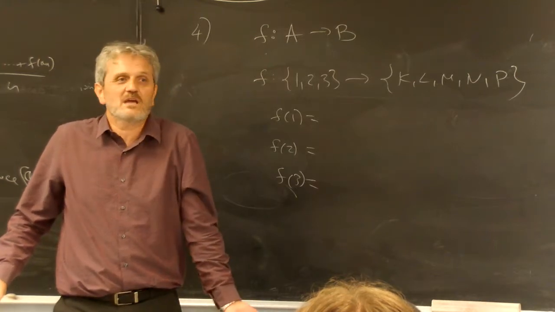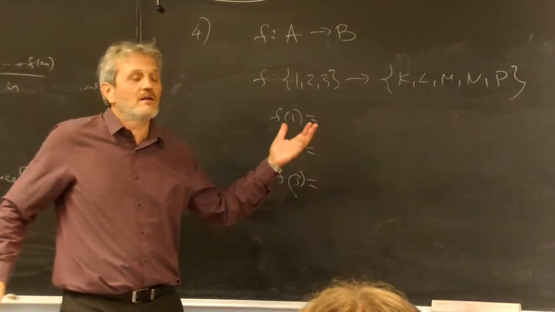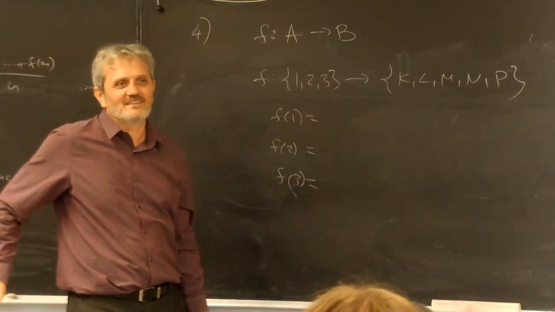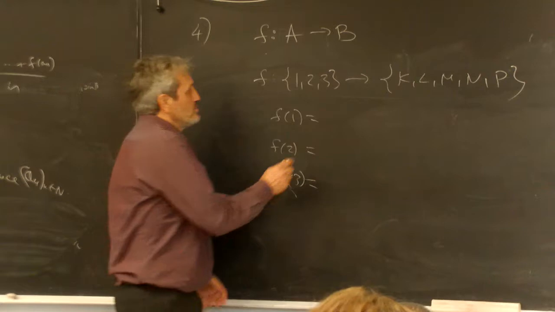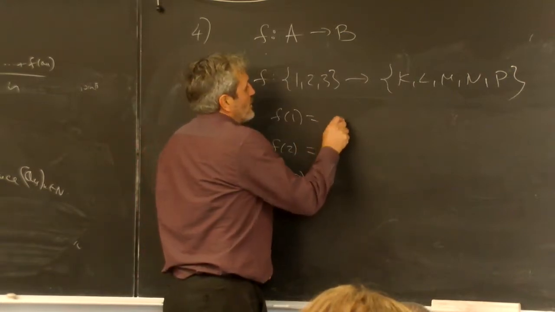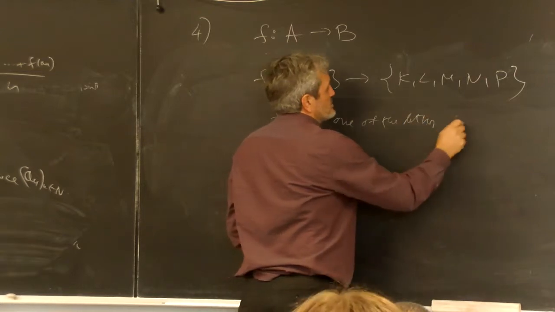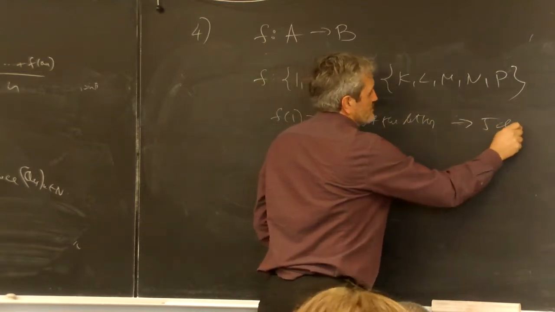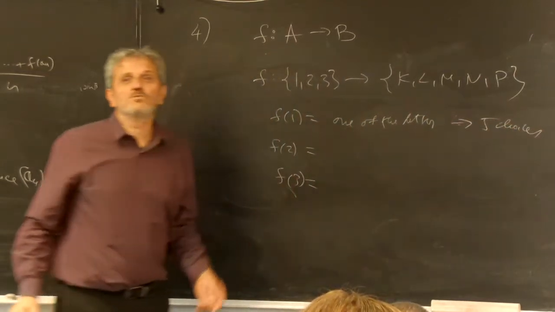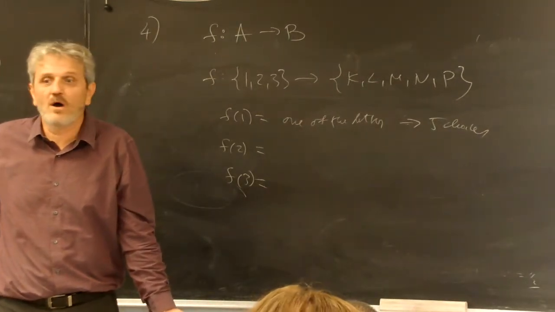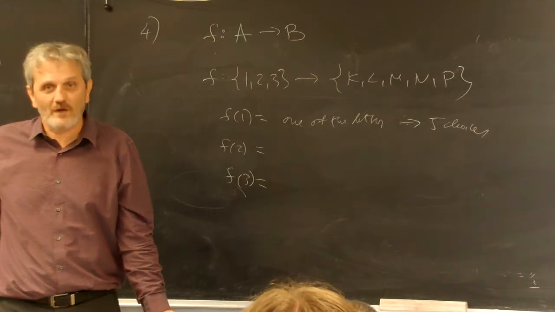How many ways can I choose f of 1? Not as many ways as I want, not any member that I want. Here, how many ways? 5. It could be one of the letters, which means 5 choices. What about f of 2? Why 4? Am I saying that they have to be different? No. Those are so-called one-to-one functions.